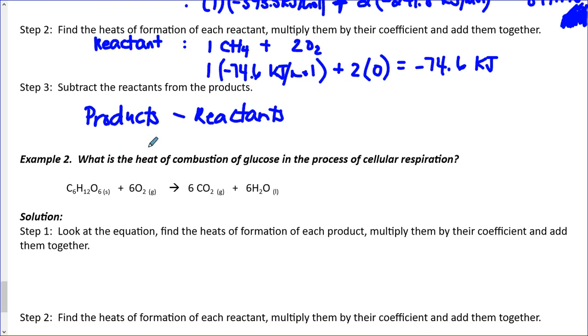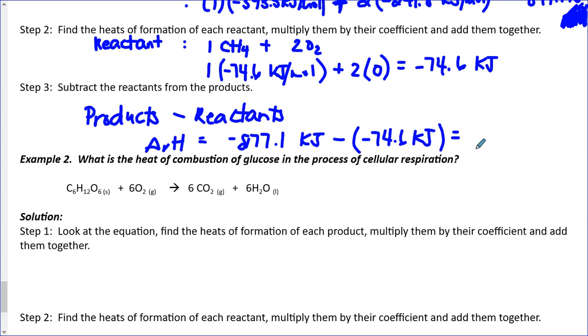So our delta H, our heat of reaction, is negative 877.1 kilojoules. Sorry, that doesn't look like an H at all. Now it looks like a backwards B. Subtract negative 74.6 kilojoules. I feel like I have a mistake in my notes here.